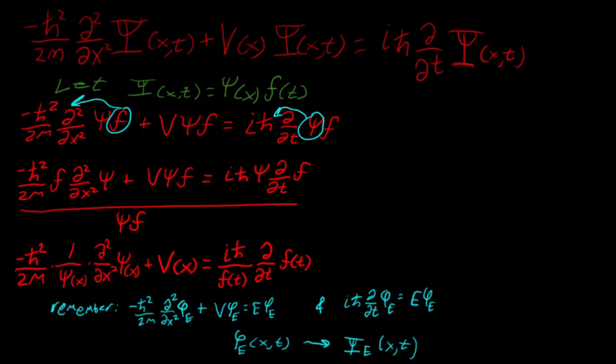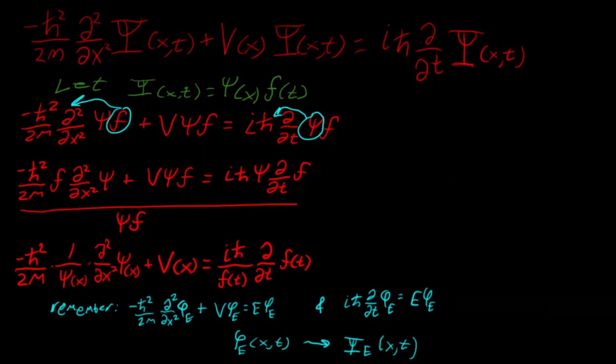Okay, so now we have written the Schrodinger equation in this form. It's called a separable solution, where we can separate the psi of x and the f of t. Now here is the step that is sometimes difficult to grasp.